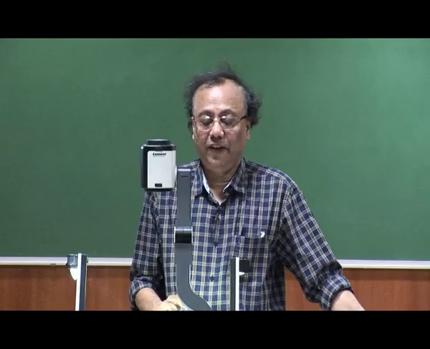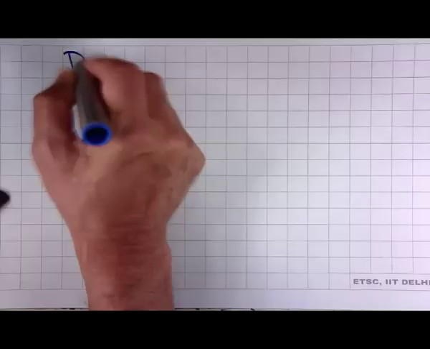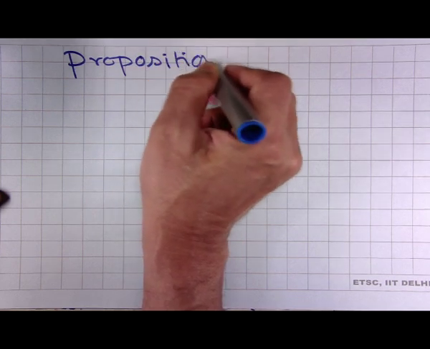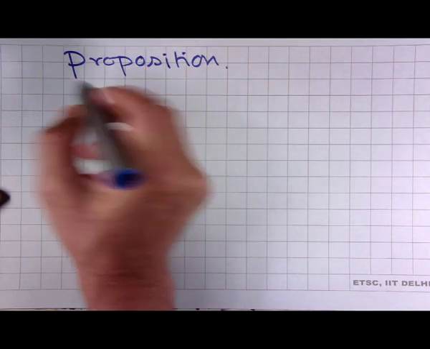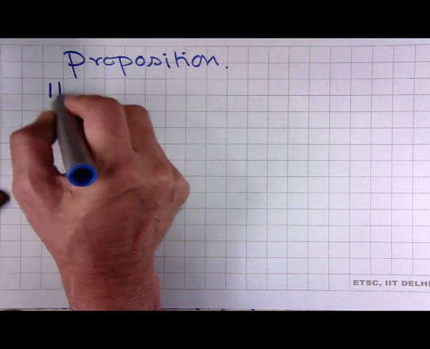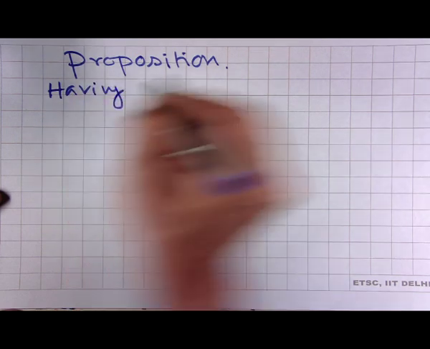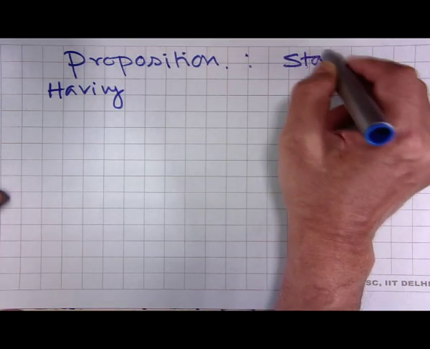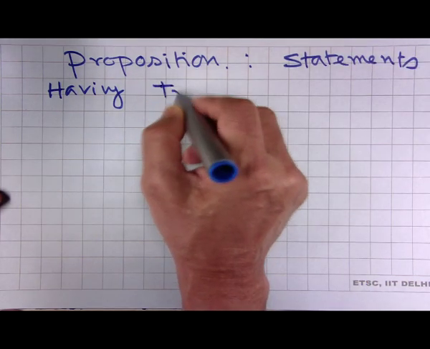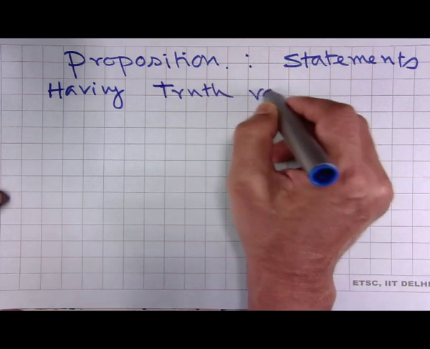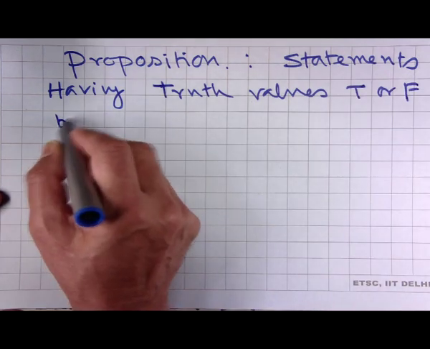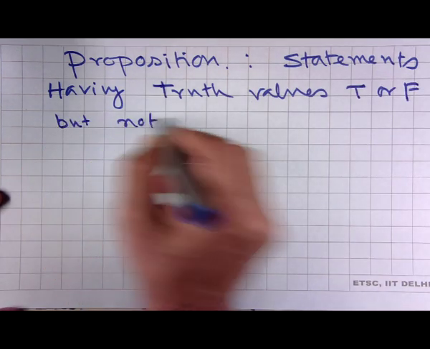In some books you may find the term proposition. So, a proposition is a statement or a sentence having truth value true or false, but not both.